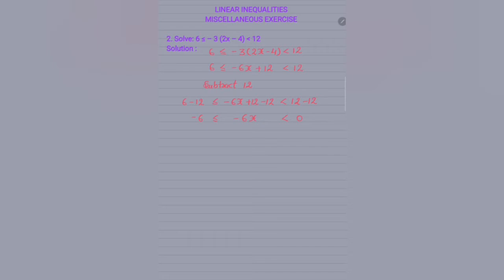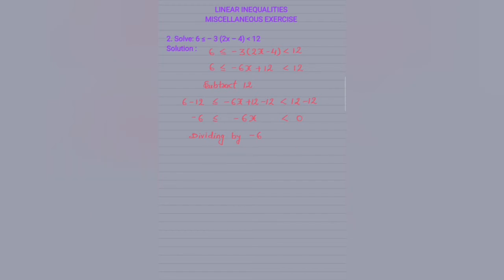Now divide each term by minus 6. But when we divide each term by minus 6, a negative number, the sign of the inequality will be reversed. So minus 6 divided by minus 6, less than or equal to minus 6x divided by minus 6, less than 0 divided by minus 6.